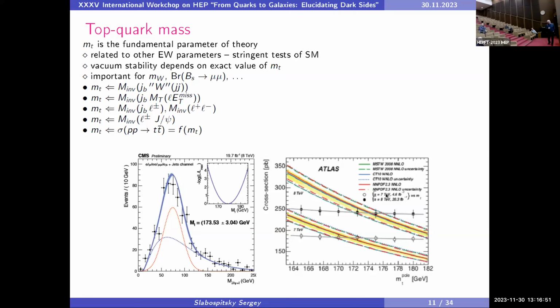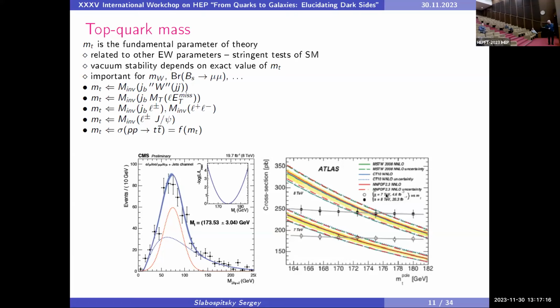There are several ways to measure this quantity in the experiment. The first one, we can use a reconstructed B-jet and a reconstructed W. Another, but this has very bad precision, is to use the so-called transverse mass of the charged lepton and missing ET.